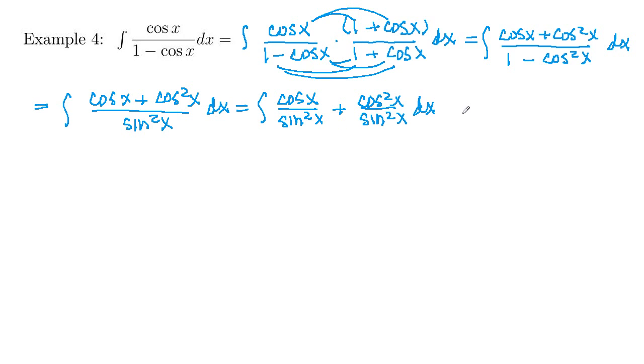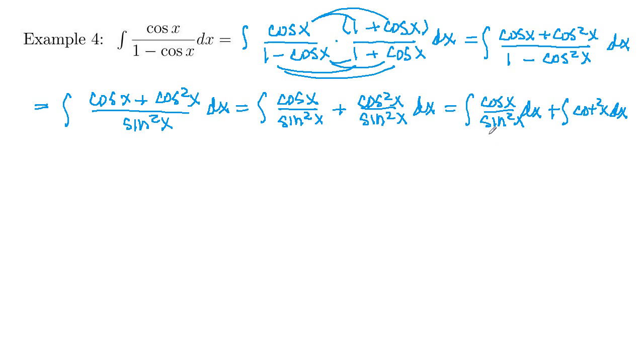So let's do the integral of each piece. So this will be integral cosine x over sine squared x dx. And then cosine squared over sine squared is cotangent squared. So plus integral cotan squared x dx.